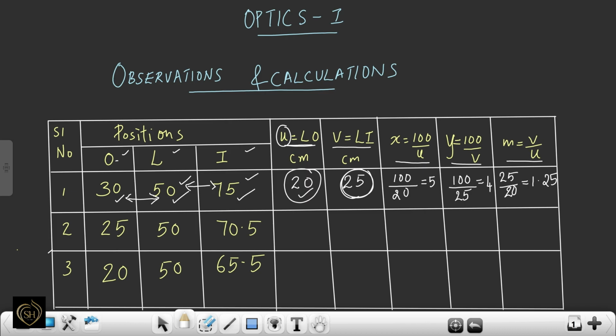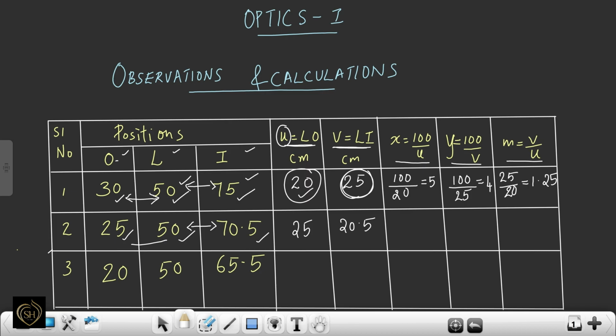Consider the next trial. Here the object pin is at 25, lens at 50 and image pin at 70.5. So the distance between lens and object pin, U, is 50 minus 25, that is 25. Then V is the distance between lens and image pin, 70.5 minus 50, that is 20.5.